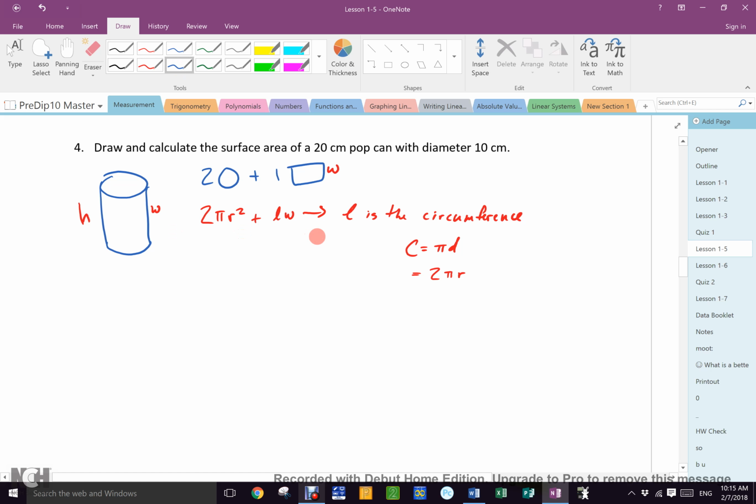So what did they finally decide the formula was? 2 pi r squared plus 2 pi r h. And h is the problem one, right? Because h is simply the measurement between the circles.